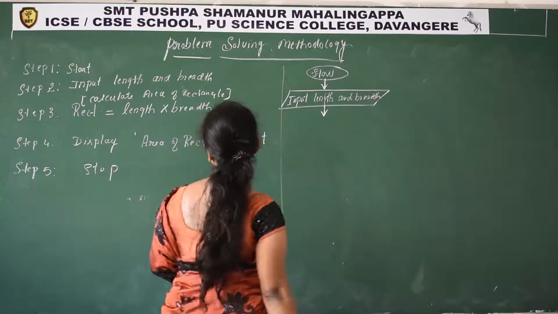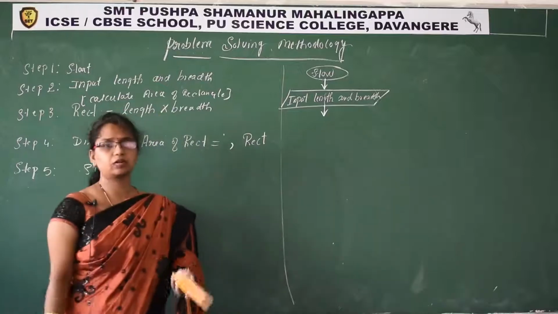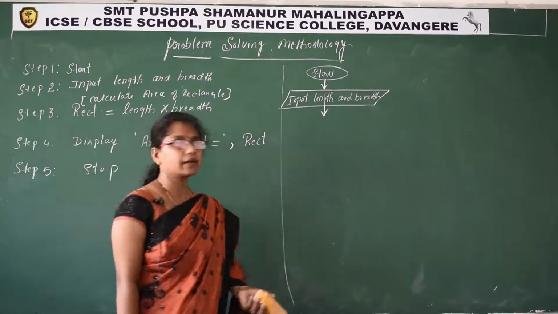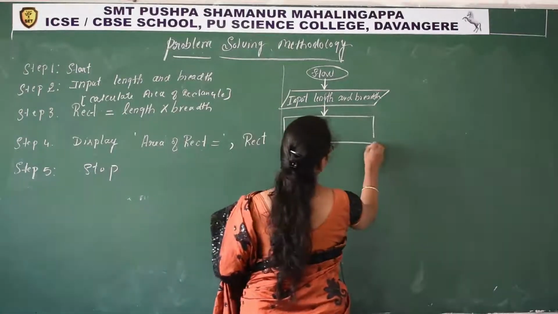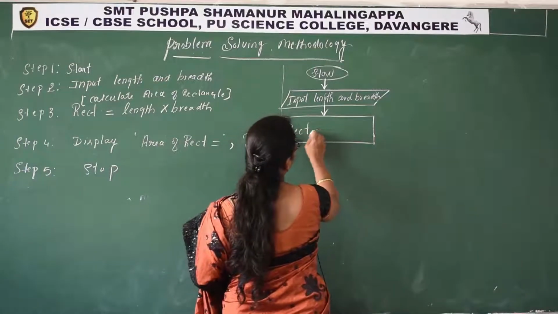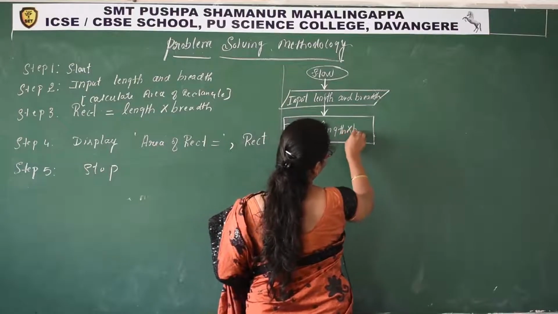Next, the calculation part. Calculation expressions we write in a rectangle. So we must write a rectangle here. rect is equal to length into breadth.